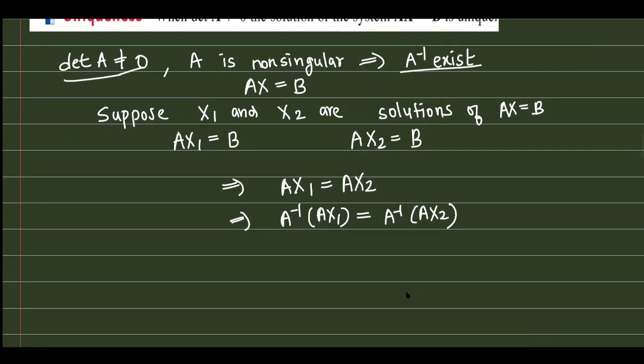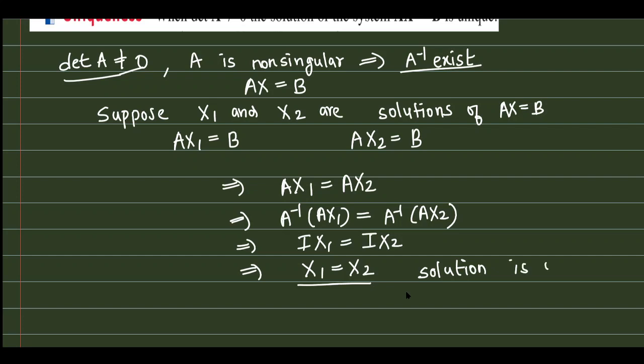Now, A inverse A is the identity matrix. Ix1 is equal to Ix2, which implies x1 is equal to x2. That is, the solution is unique. We do not have two values x1 and x2. So the solution of the system is unique.